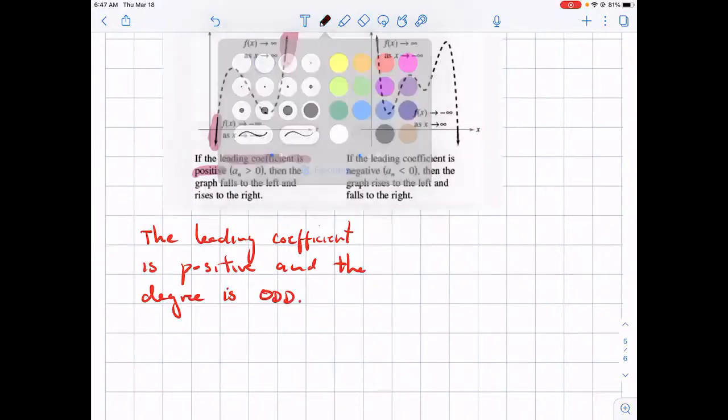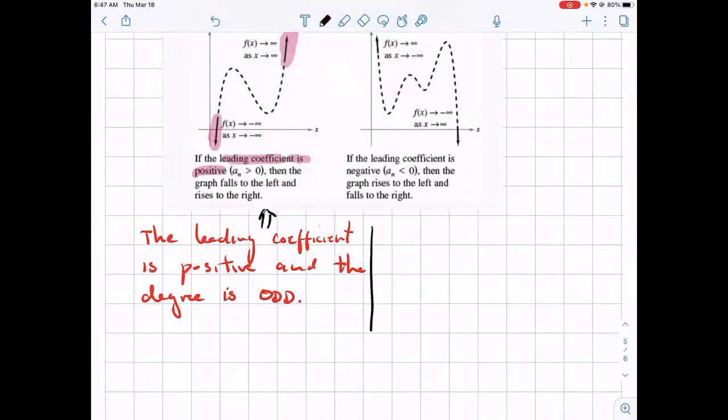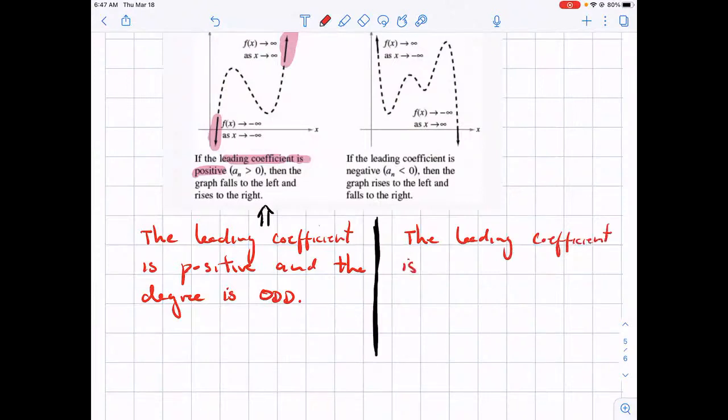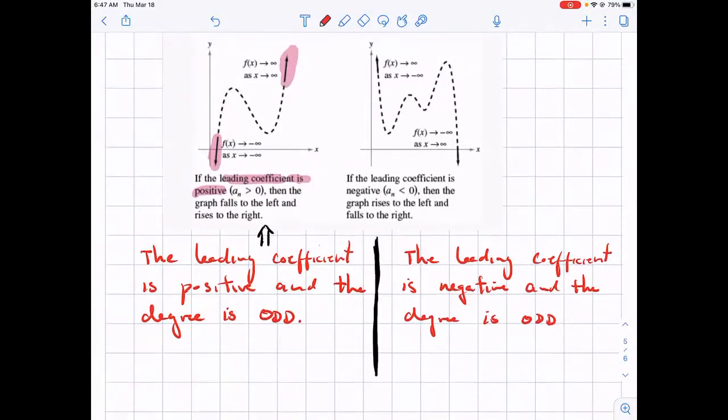On the other hand, on the other picture, you will notice that if the leading coefficient is negative, and the degree is odd, the graph sort of flips.